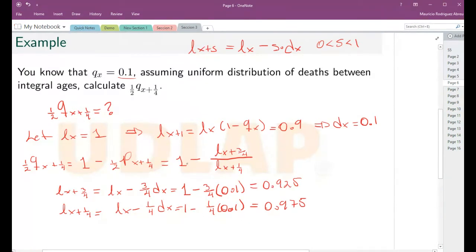With these values, we can now estimate this probability, right? So this would be 1 subtracting 0.925 over 0.975.